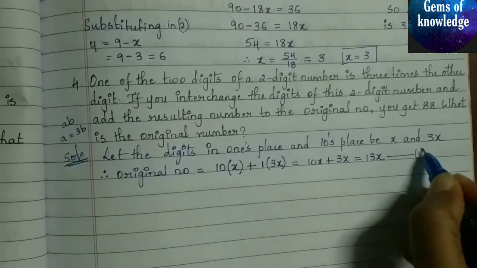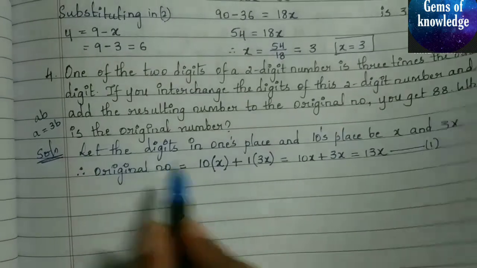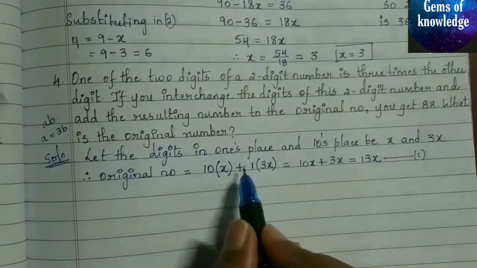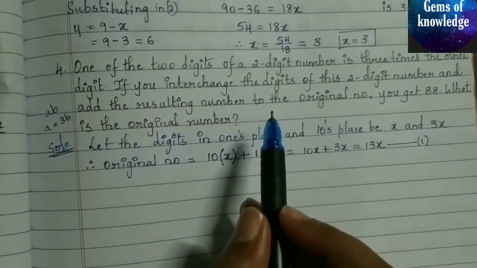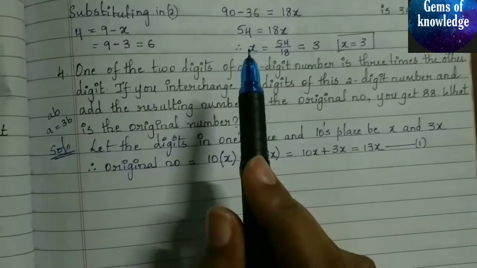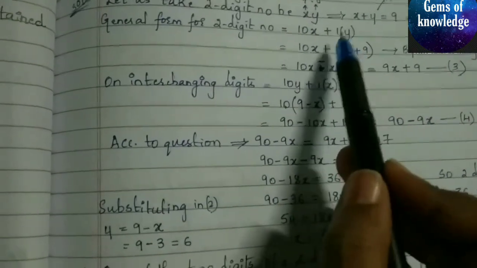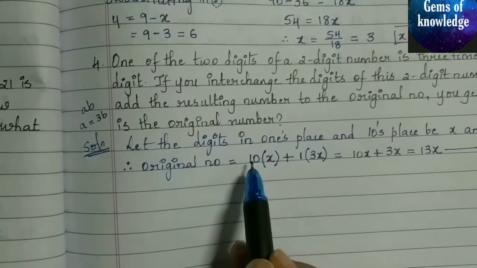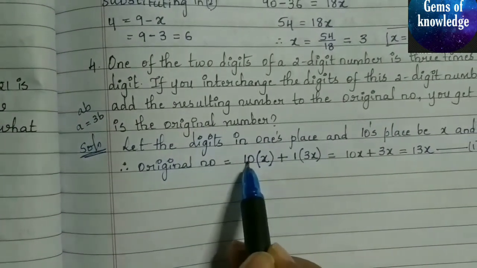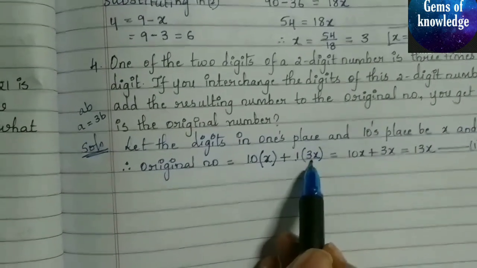We will keep this as equation 1. This original number I have written in the general form, like how we did the general form in the third one. In the similar way I have written these two numbers in the general form, that is 10 into the tens place number and 1 into the unit place number.